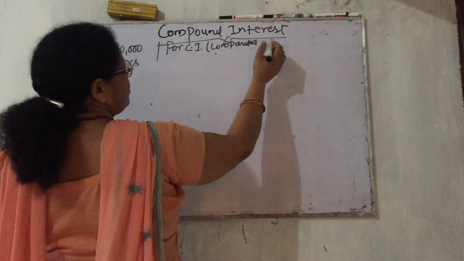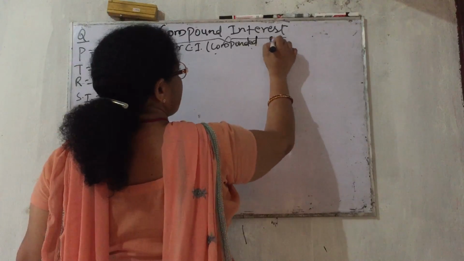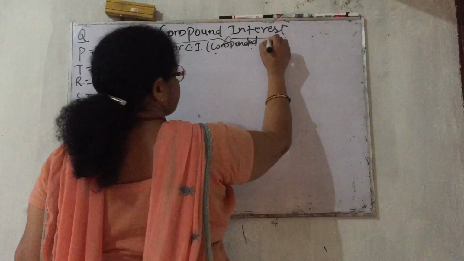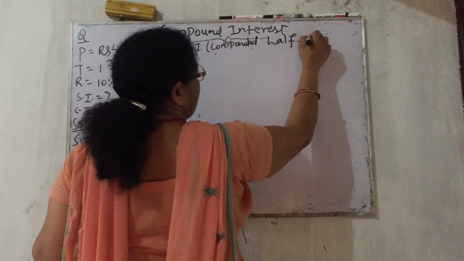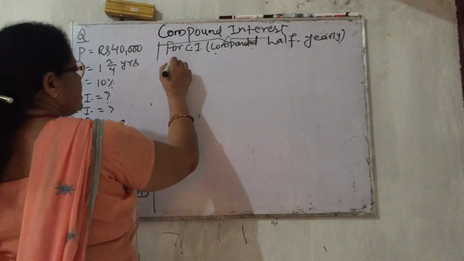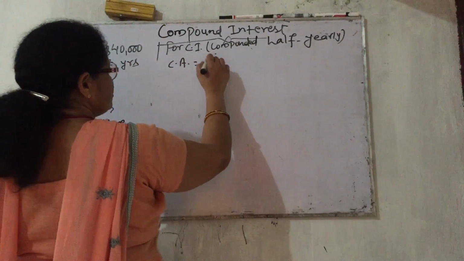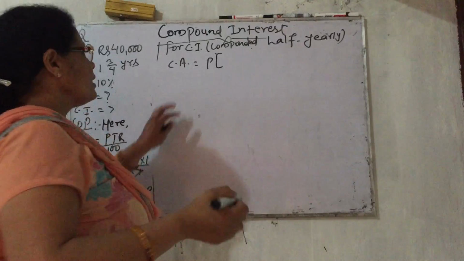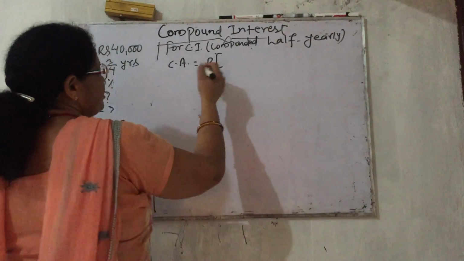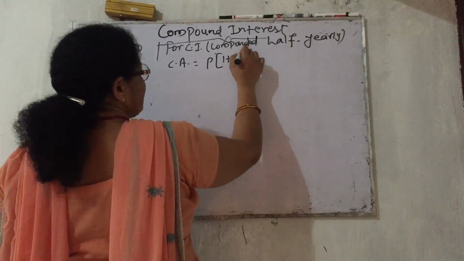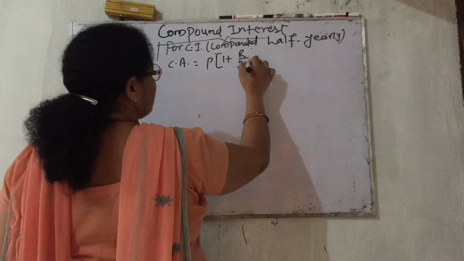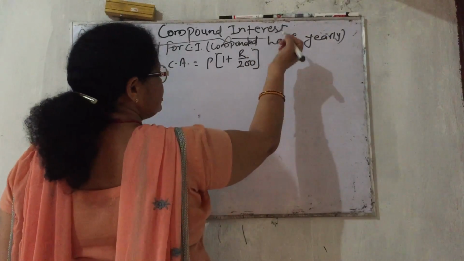For CI compounded half yearly, let's write down half yearly. Then CA equal to P into, here we can find out CI directly also. So P into 1 plus R, now it is semi-annually, so it will be R by 200, and here will be 2T.